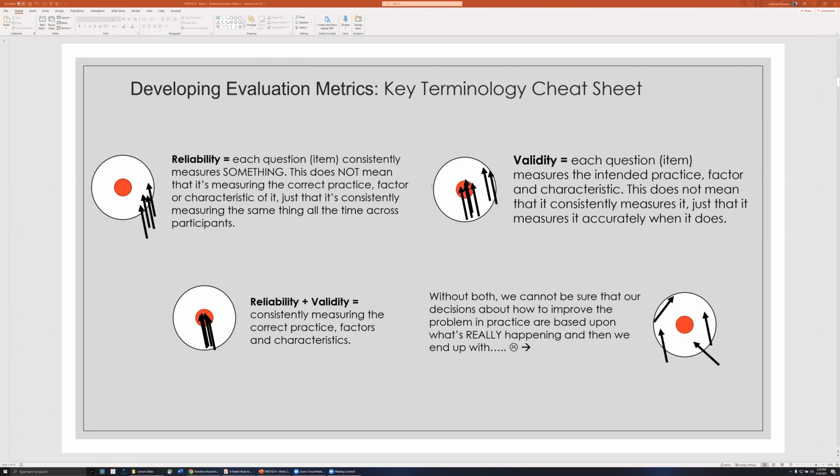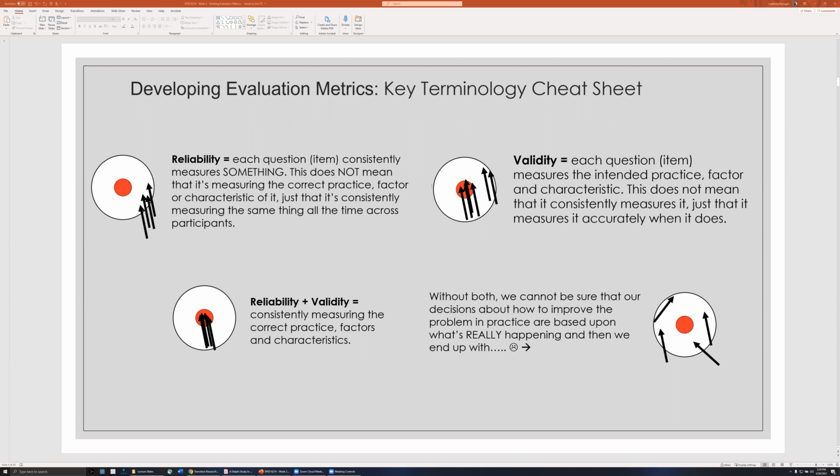All right, let's have a brief conversation as we continue this terminology cheat sheet here about reliability and validity, because these are two really important topics that we'll be talking about in terms of question design more next week, but this is our introduction to them. So reliability: each question on your metric consistently measures something.